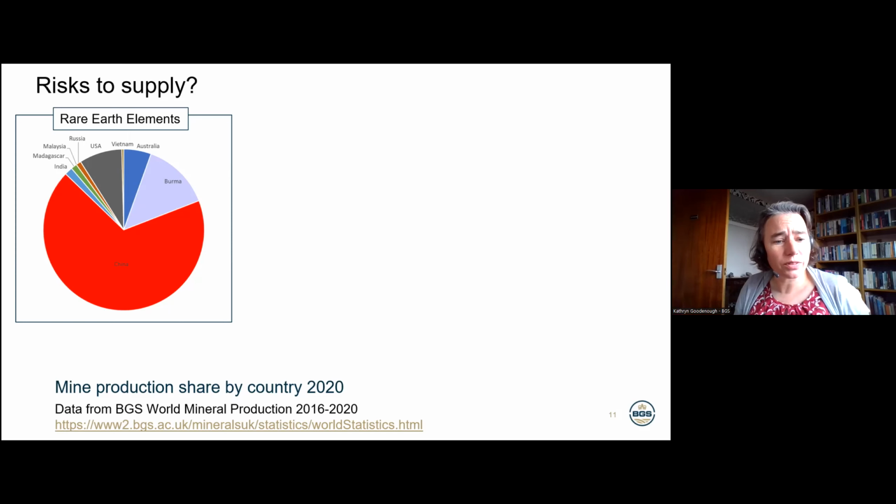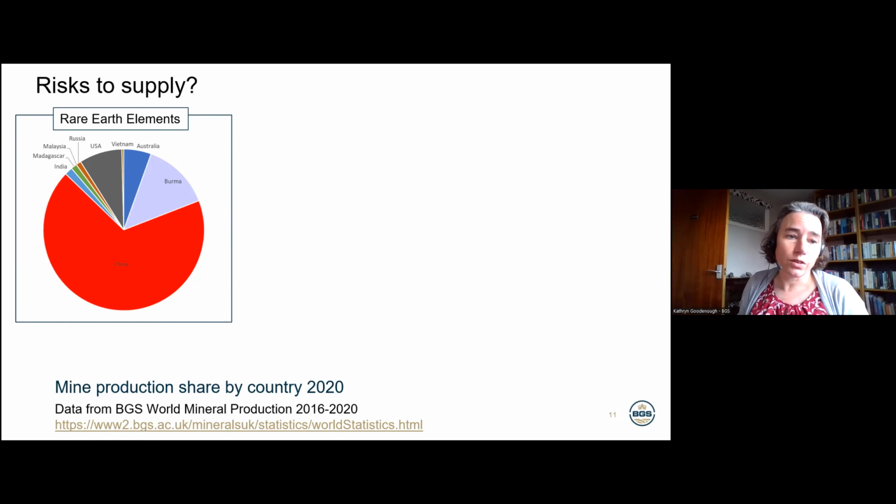And so, for example, this is just looking at the share of mine production back in 2020. And this is for the rare earth elements. And you can see that China produced something like 2/3 of all of the world's rare earth elements in 2020. And that Burma or Myanmar produced another significant segment. And in fact, all of that material from Myanmar goes straight to China and goes straight into the Chinese market.